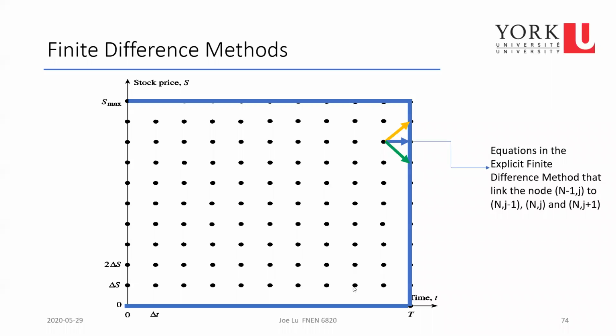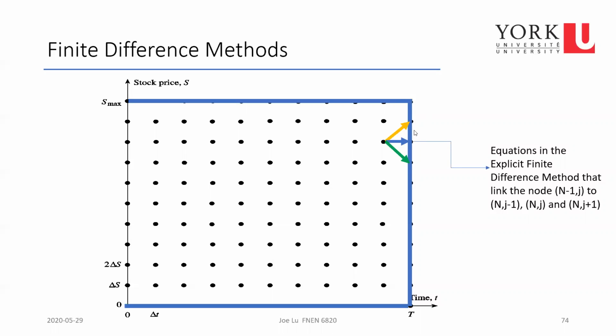The explicit finite difference method is actually very easy because all you need to do is calculate a discounted expectation. It's much easier than solving simultaneous equations, and you can do it point by point, one at a time. Essentially, it's like a trinomial tree.